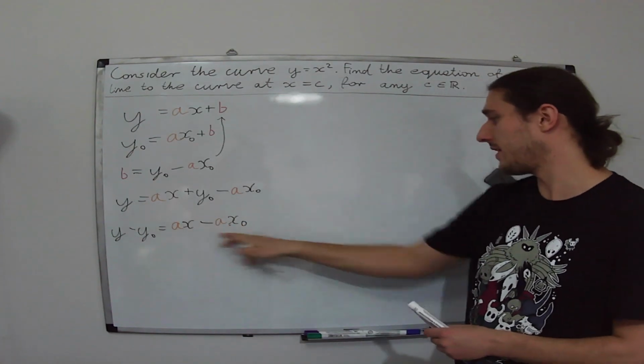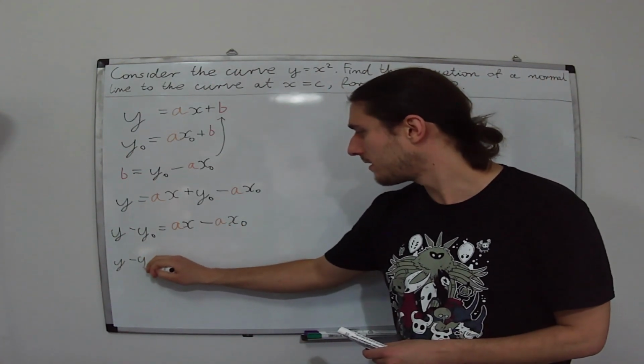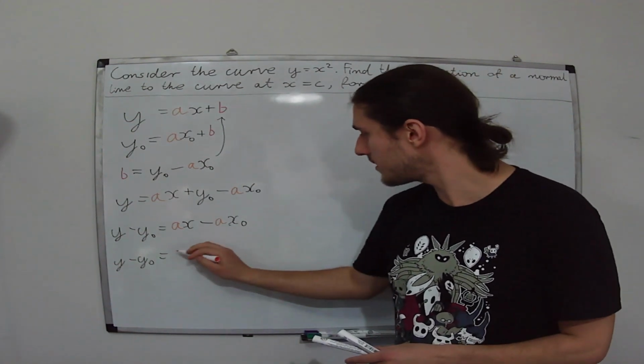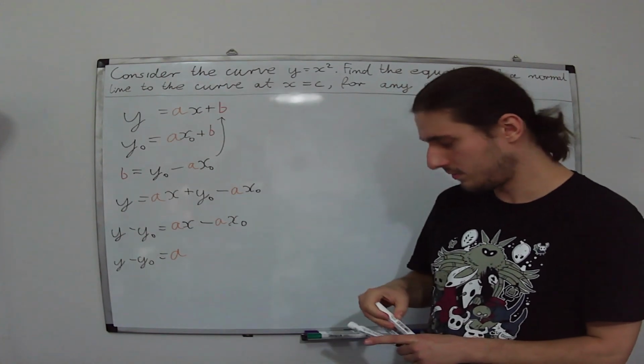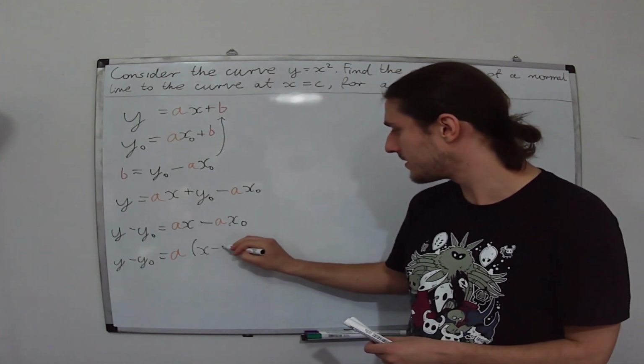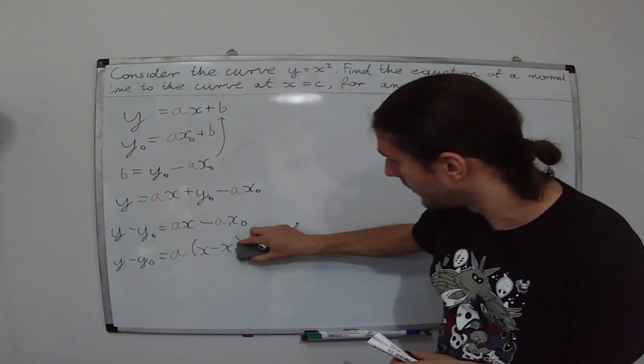We can also simplify this, bring out the gradient in front of a bracket. So this is all equal to a times x minus x null in the bracket. This is a 0, by the way, or an O.